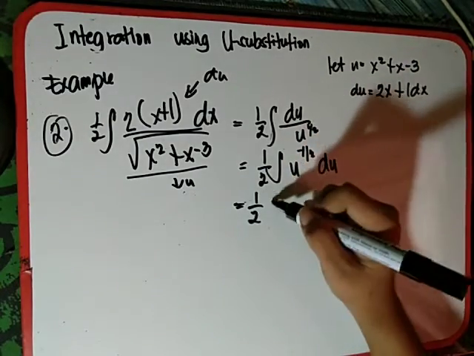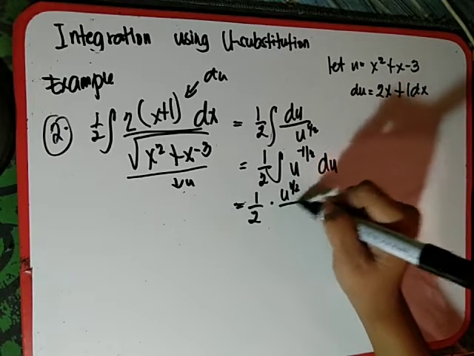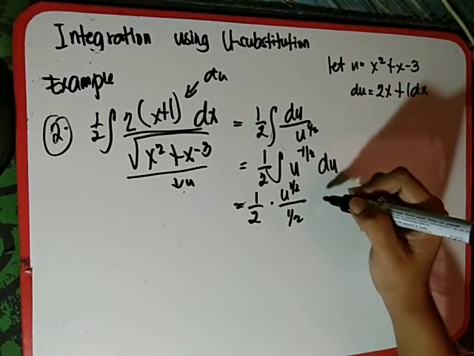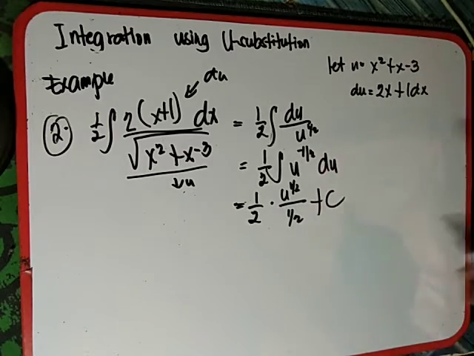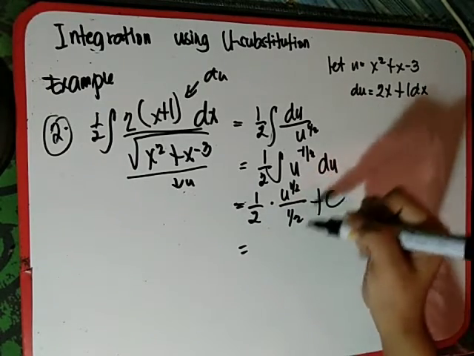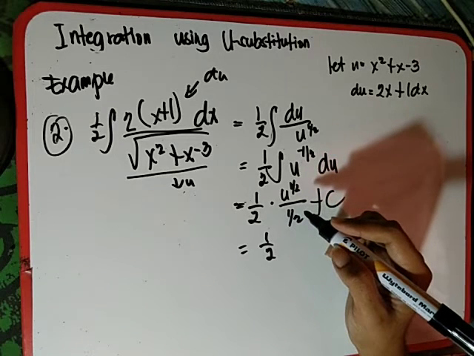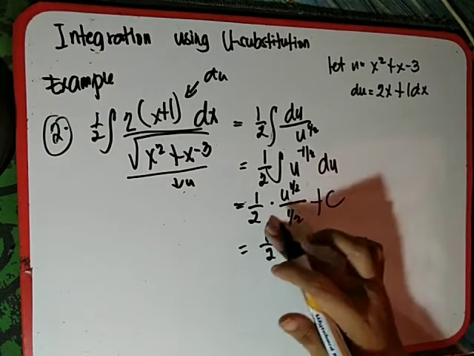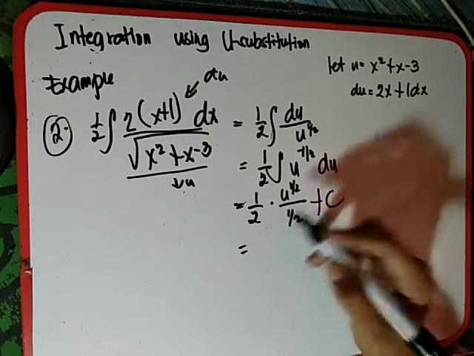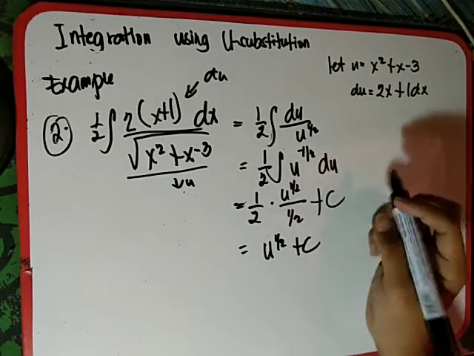1 half multiplied by u raised to 1 half over 1 half plus c. So this is 1 now, so we have u raised to 1 half plus c.